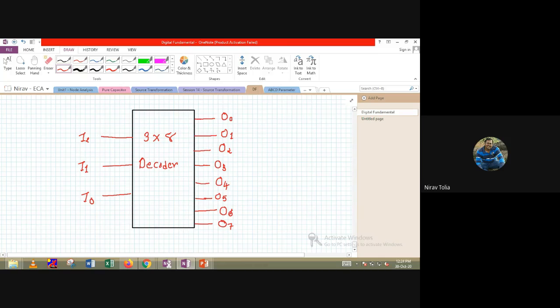This is our output, starting from O0, O1, O2, O3, O4, O5, O6, and O7. O is indicating the output.